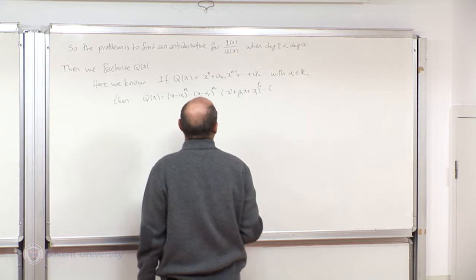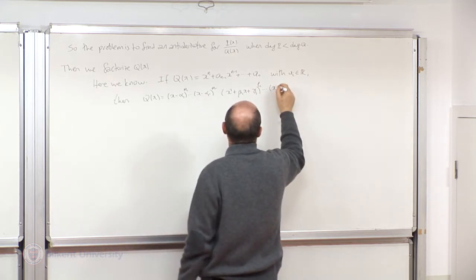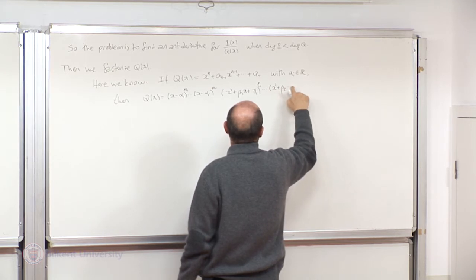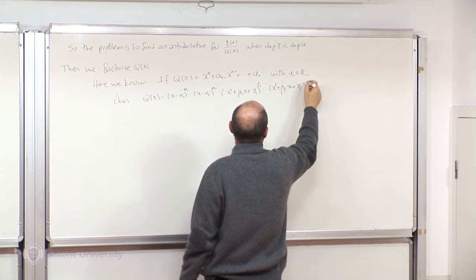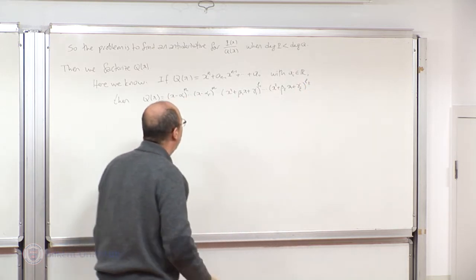I made this extremely complicated, up to x squared plus beta t x plus gamma t, to the power Lt. This makes it look very scientific.